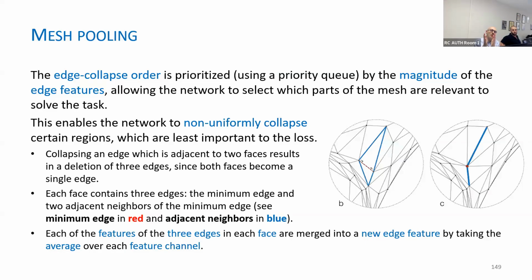This operation is called edge collapse. We can collapse the two triangles that share that edge, so they are collapsed together, and of course the edge also becomes a point.